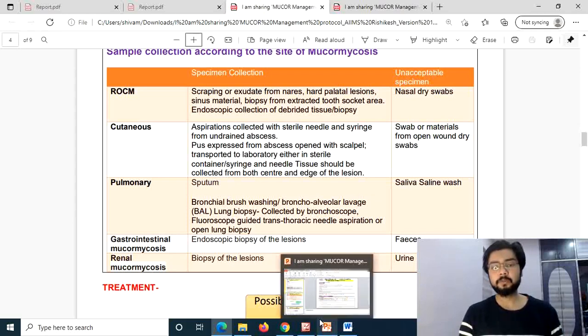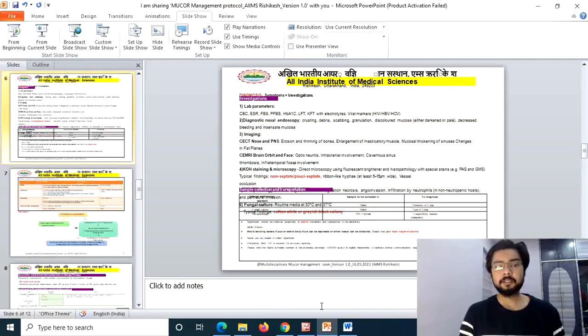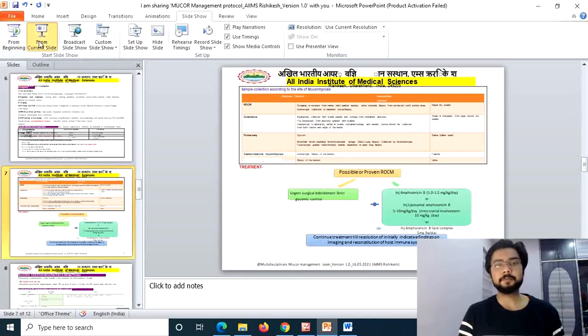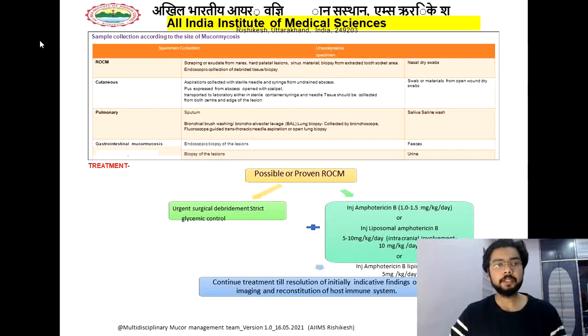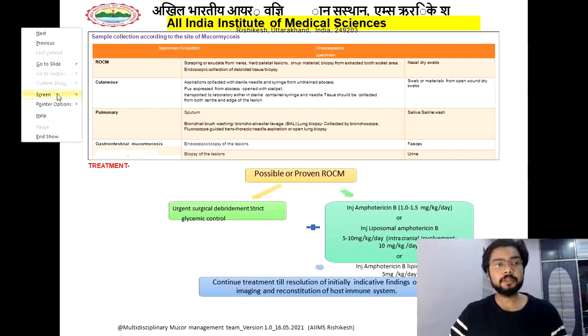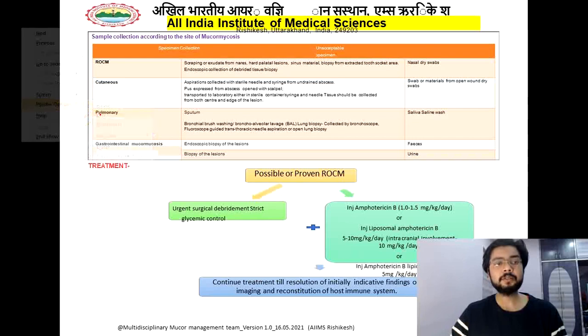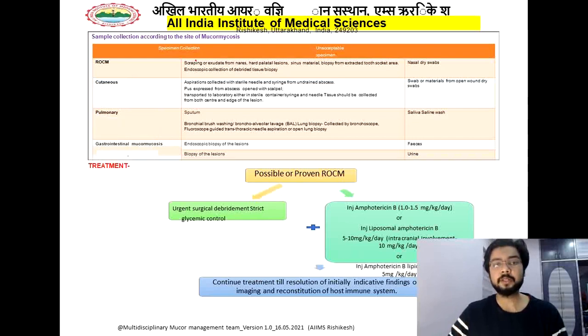If we move to our slide, the PPT: if it is ROCM, rhinocerebroorbital mucormycosis, then you will use scraping or exudate from the nares, hard palate if it is involved, sinus material, biopsy from the extracted tooth sockets, endoscopic collection of the debrided tissue.